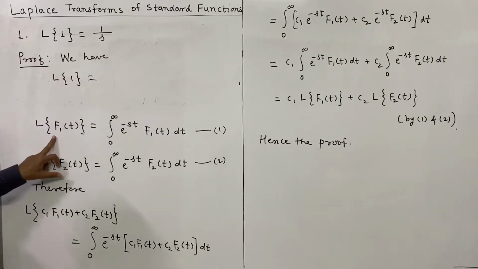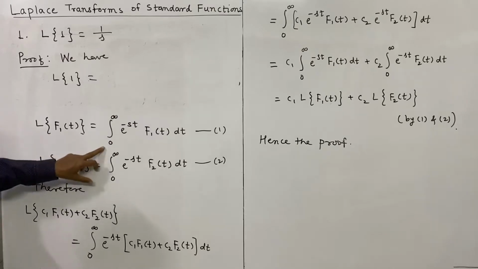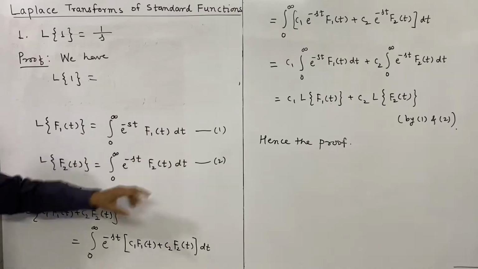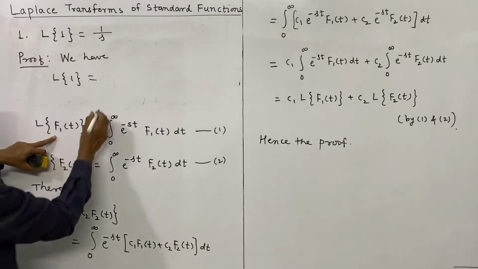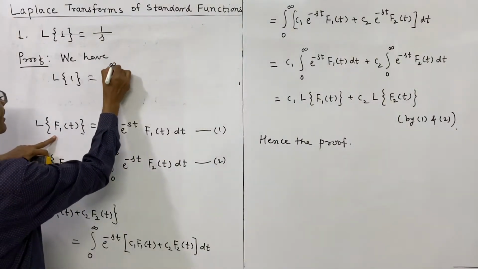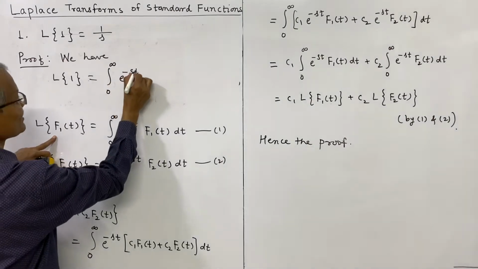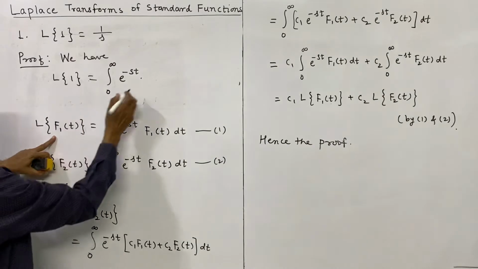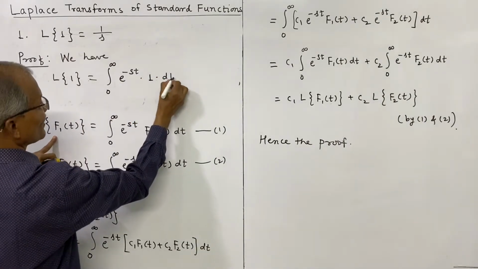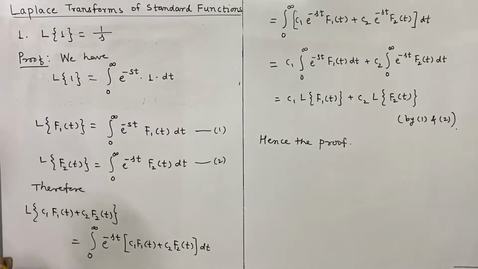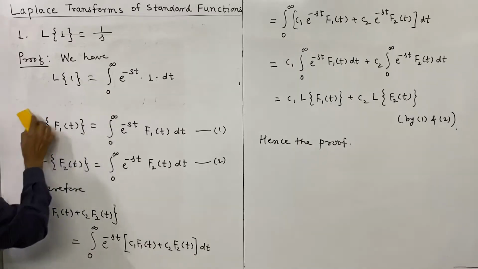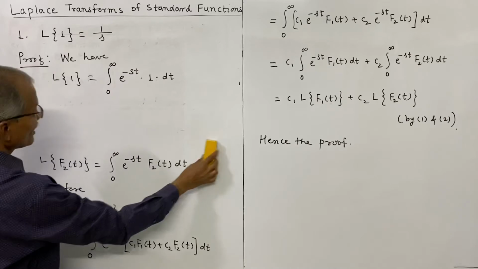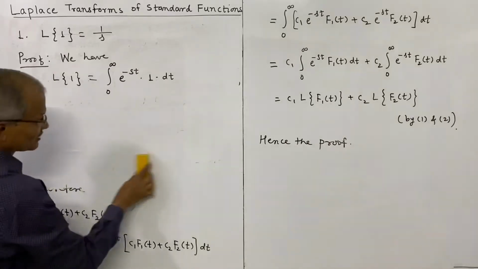Laplace transform of f1 is integral 0 to infinity e power minus st f1 t dt, and here f1 is 1, so this will be integral 0 to infinity e power minus st into 1 dt. Thus L of 1 is integral 0 to infinity e to the power minus st dt.